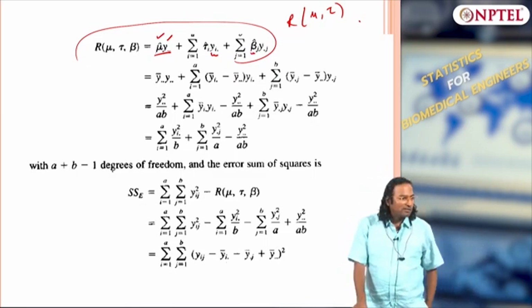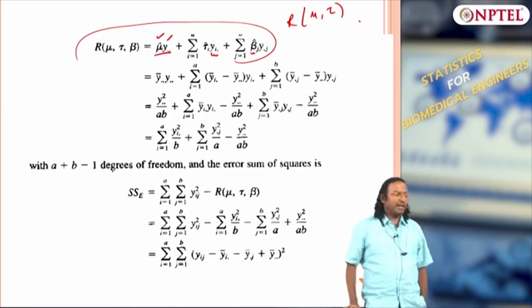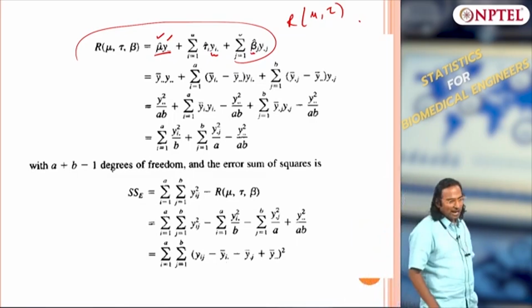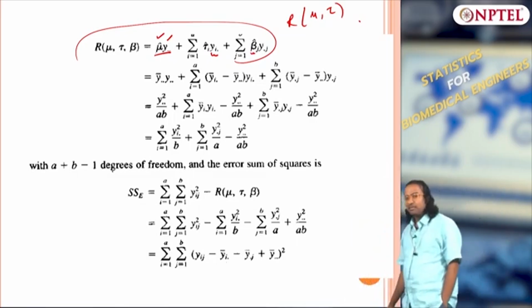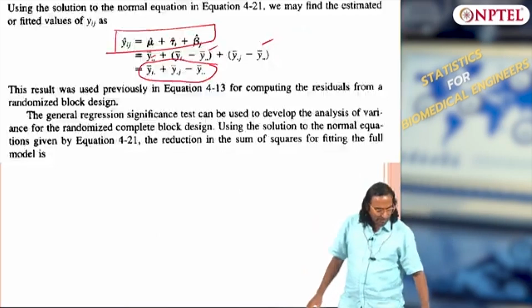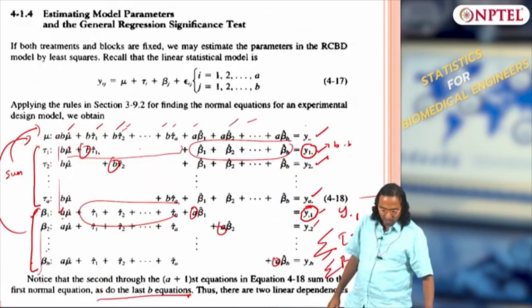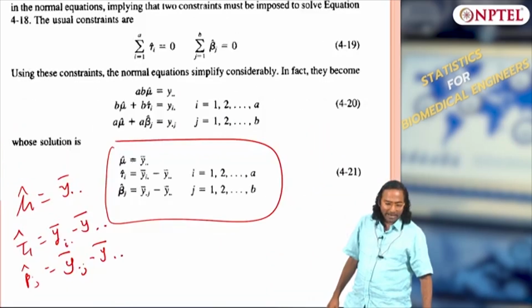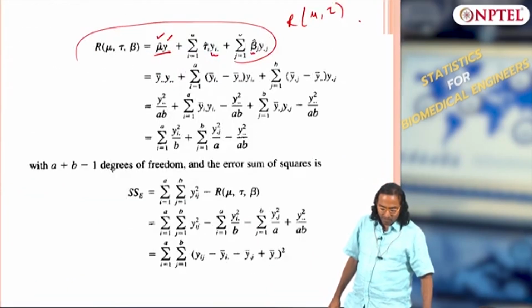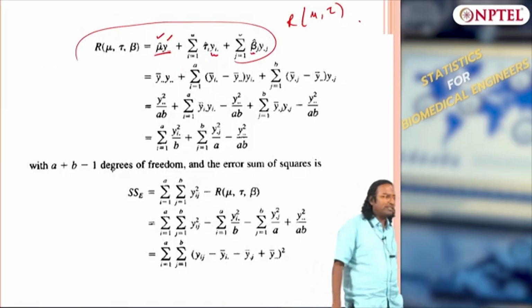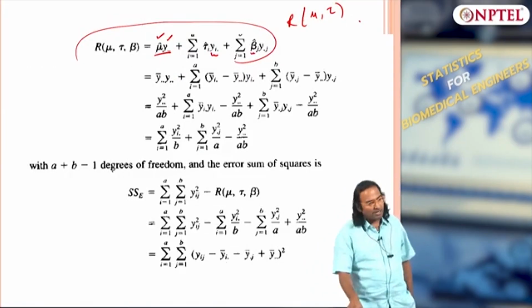Mu hat, tau i hat, beta j hat are the estimates. The right hand side of the equation for mu hat is y dot dot, the right hand side of the equation for tau i hat is y i dot, and the right hand side of the equation for beta j is y dot j. That is what I am multiplying.